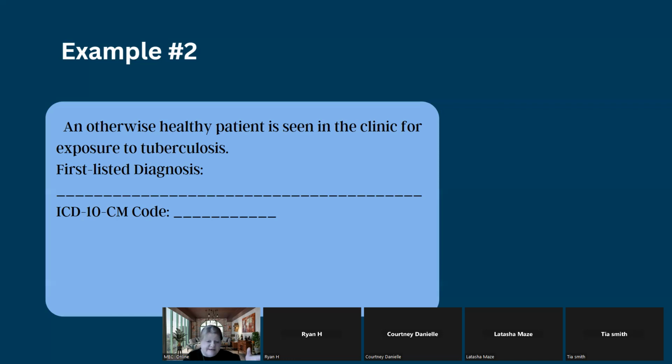We know that this person was exposed specifically to tuberculosis, so we've got to code for the tuberculosis. If we didn't know what they were exposed to, then maybe. But you would not use the Z20, because the little red stop sign says you cannot use this code. You cannot code it, so you have to code something more specific.